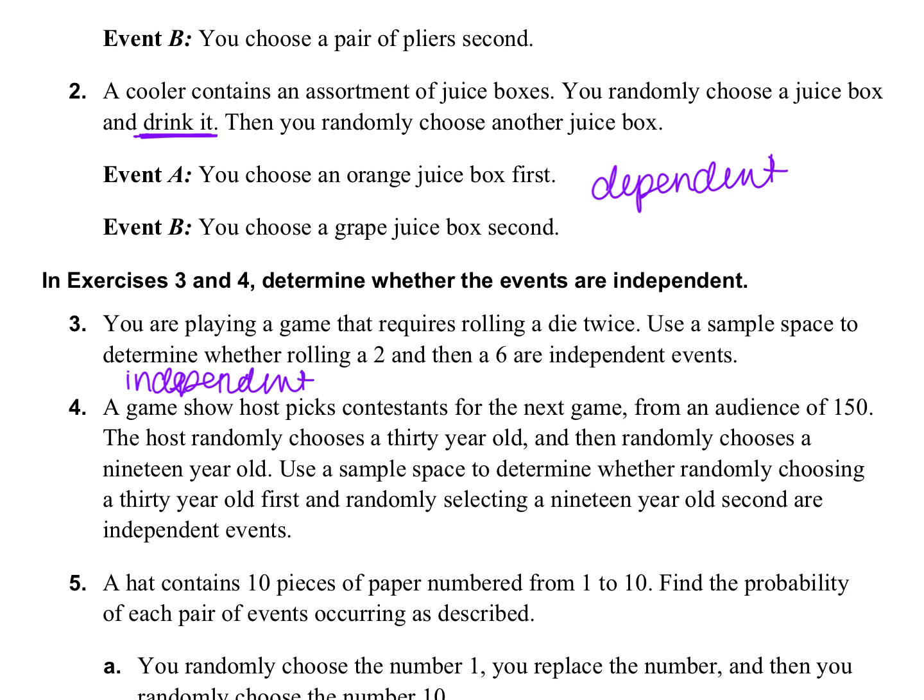Because nothing's being taken out, nothing's changing. My explanation would be the first roll does not affect the second. I'm rolling it once, I'm rolling it for a second time. Doesn't matter how many times or numbers, doesn't matter what I get. It's not going to be affected.